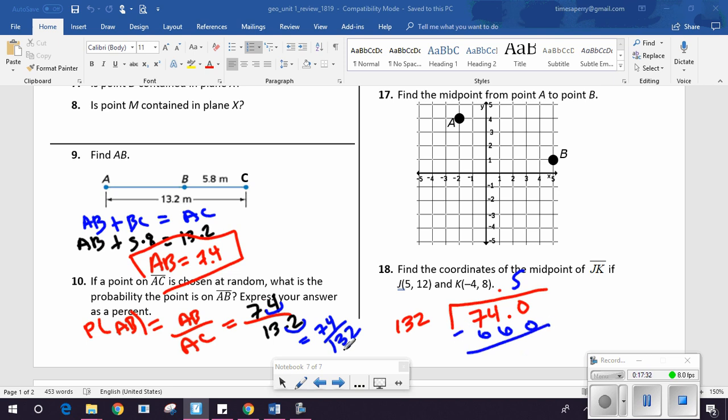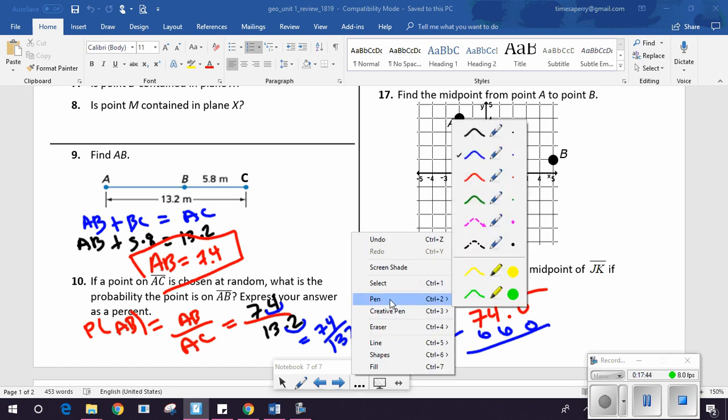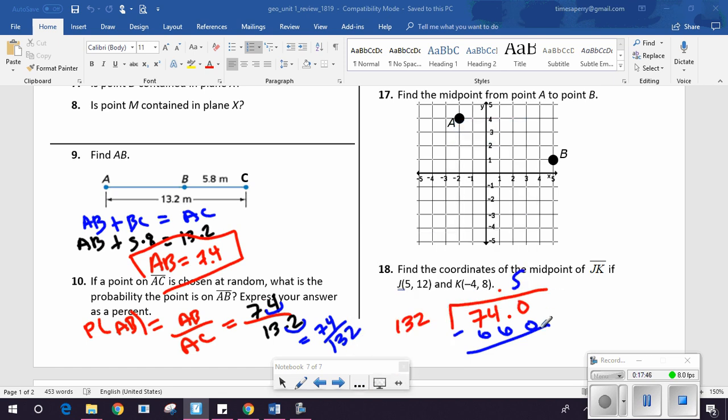Let's subtract. 0, 8, so 80. Add another 0. So how many times is 132 going into 800?